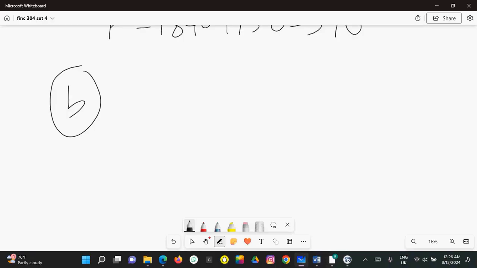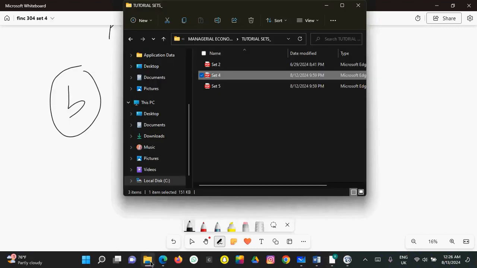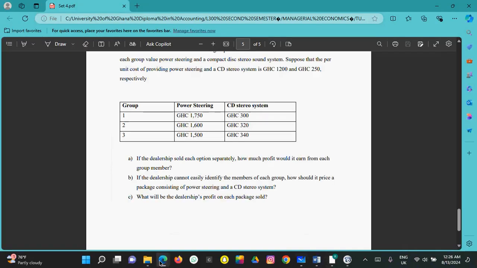Right, so B is asking us, if the dealership cannot easily identify the members of each group, how should it price a package consisting of power steering and CD stereo system?